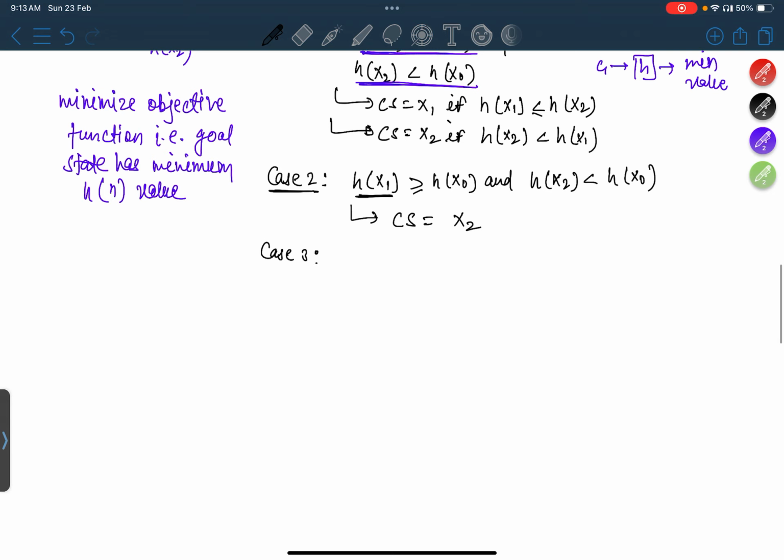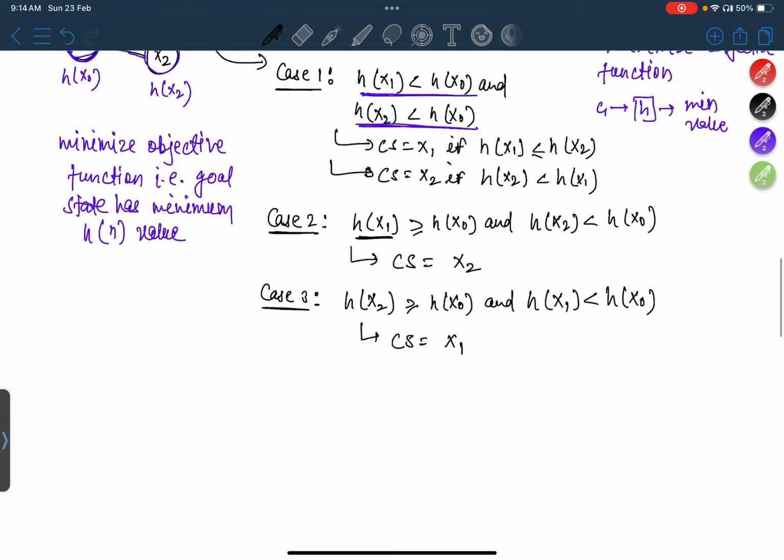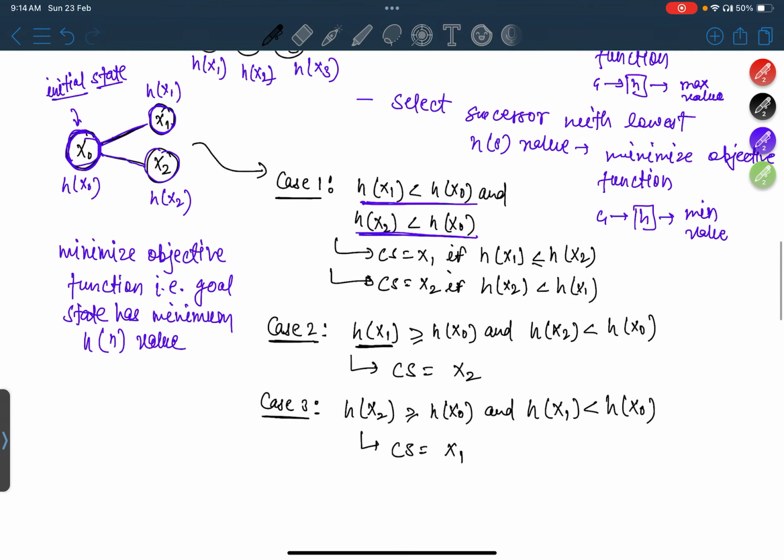Case 3: h of x2 is greater than or equal to h of x0 and h of x1 is less than h of x0. In this case current state equals x1, because now x1 is better than this.